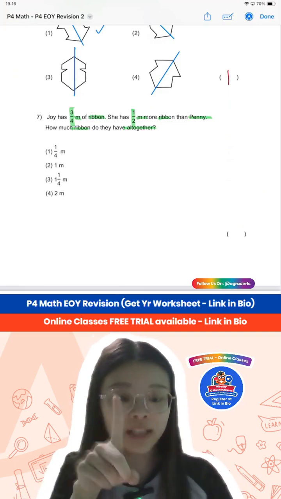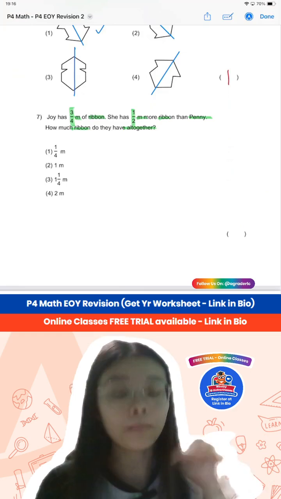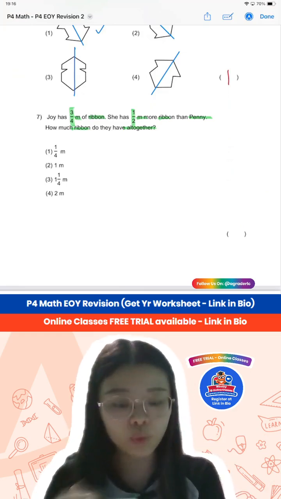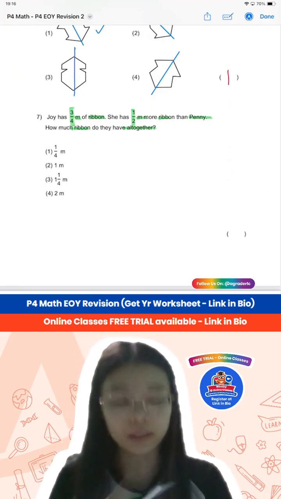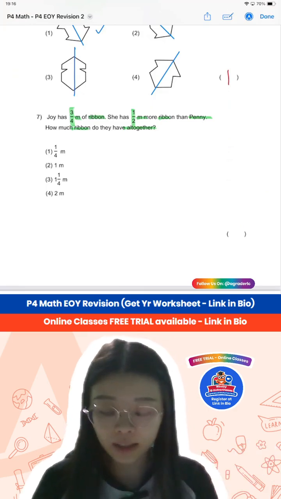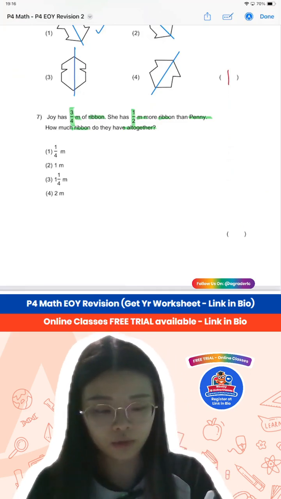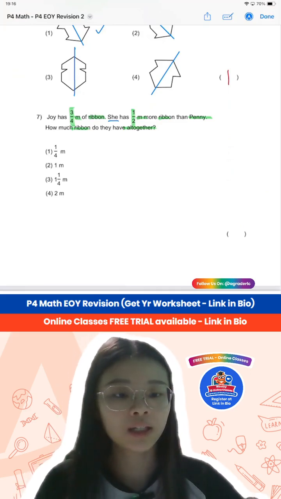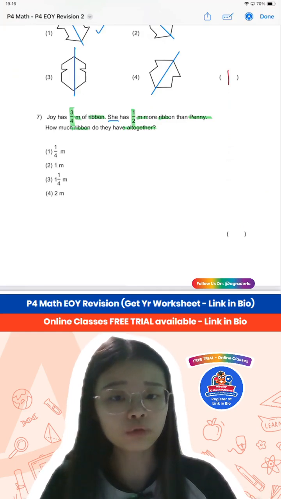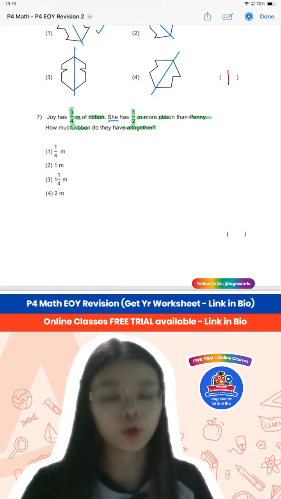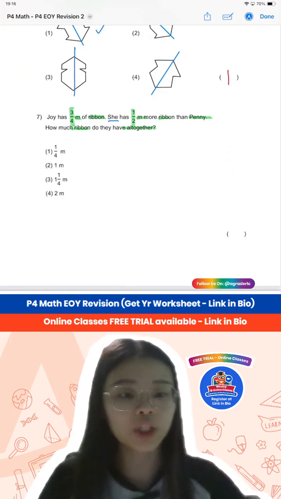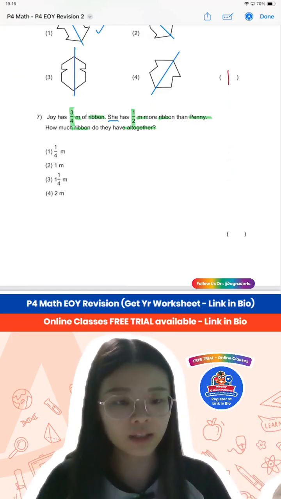The first step, we should find Penny first, because right now we know Joy has 3/4 meters. We do not know how much Penny has yet. She has half meter more ribbon than Penny. Who is this she? Those who answered option 3, I think it is because you got the she wrong. Who is she? Is it Penny or is it Joy?